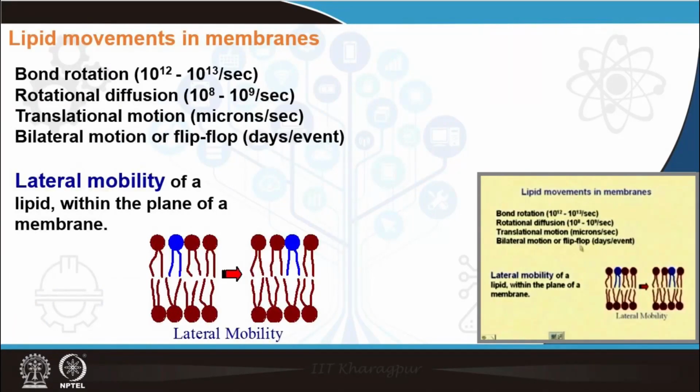We are saying that when we consider the flip-flop, the lateral mobility is relatively easier for it to occur than the flip-flop, because here we are speaking of a lateral diffusion where the polar head groups remain in a polar environment.